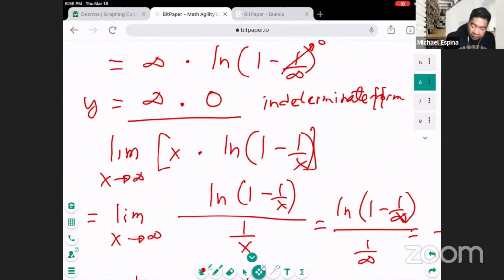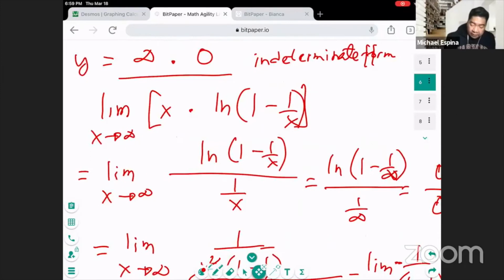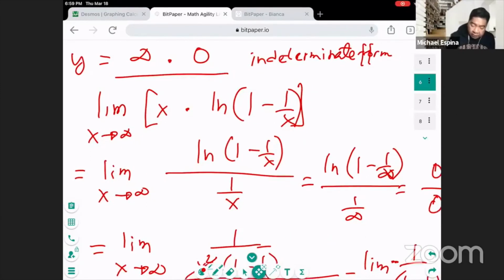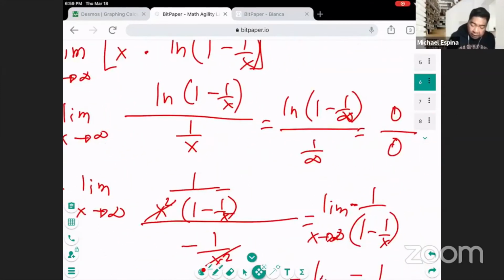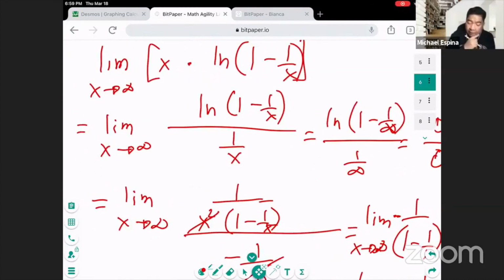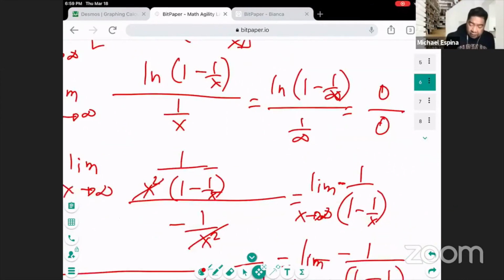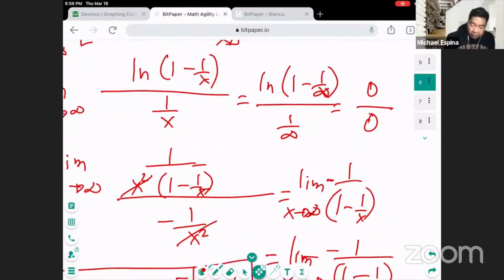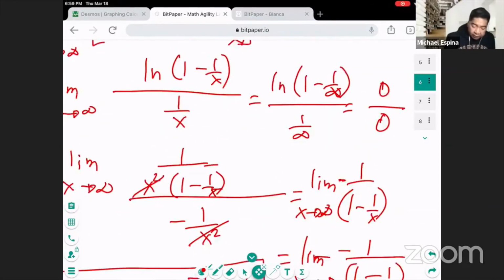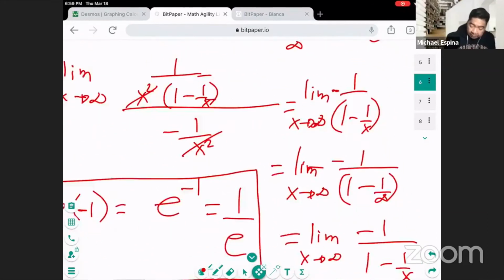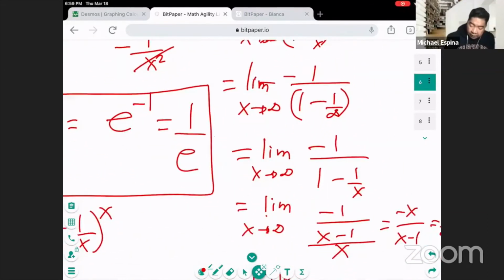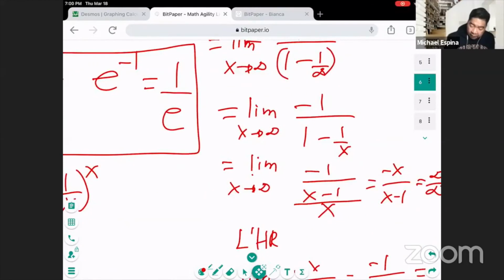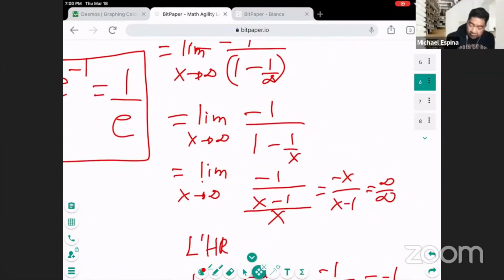So we manipulated our function to get an answer which is not an indeterminate form, but we again got 0 over 0. If it's 0 over 0, we can do L'Hopital's. And we arrived from here at infinity over infinity again.